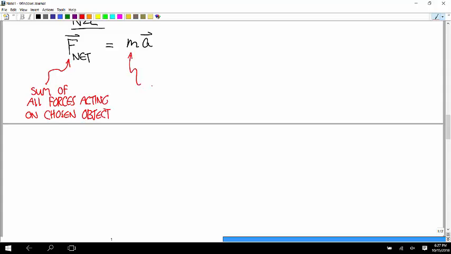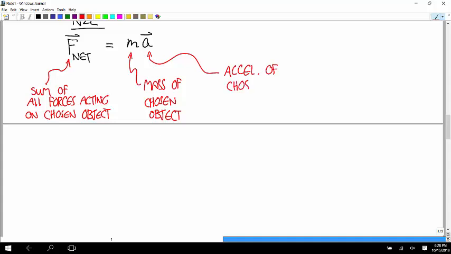And m is the mass of the chosen object. And a is the acceleration of the chosen object's center of mass.